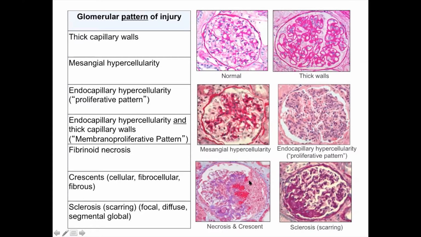We'll be able to identify that على الجون سيلفر ستين. وبعدين عندنا all of this proliferation of both the visceral and the parietal epithelial cells اللي هم الpodocytes and the parietal epithelial cells lining Bowman's capsule. We might also have an area of fibrinoid necrosis.